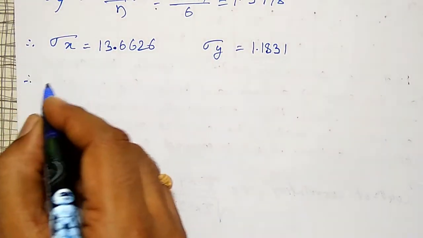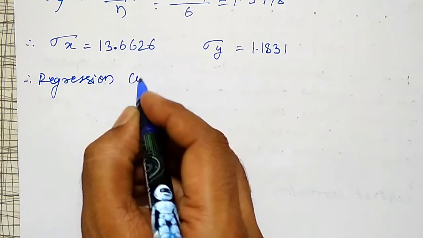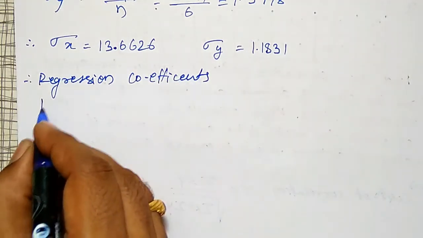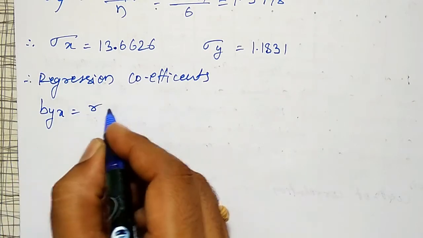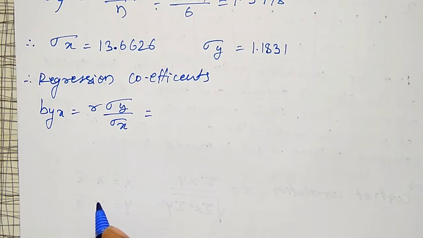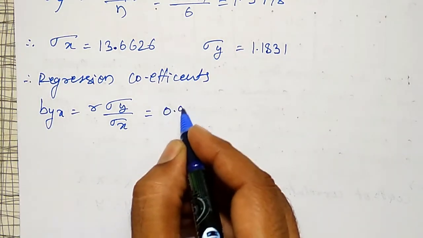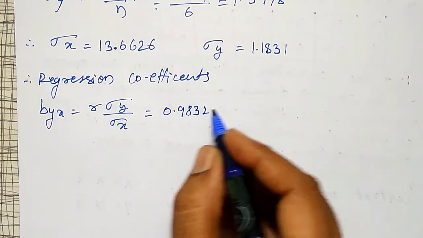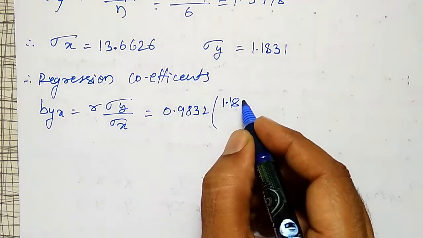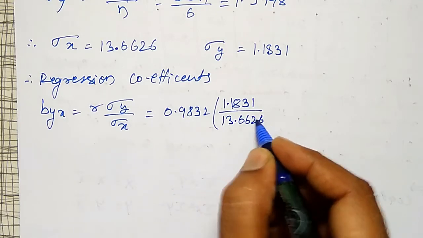Using them, the regression coefficients. Therefore byx equals r into sigma y divided by sigma x. The r value just now calculated is 0.9832, into sigma y, which is 1.1831, divided by 13.6626.